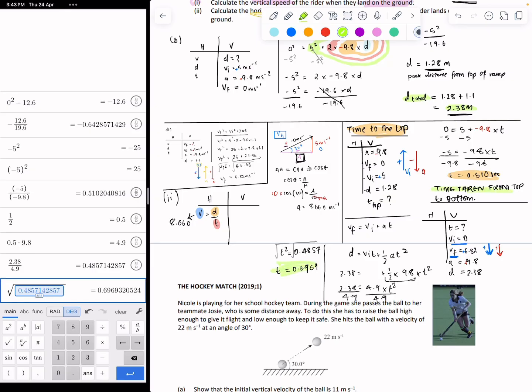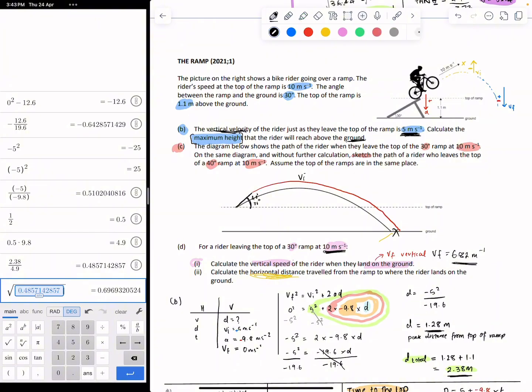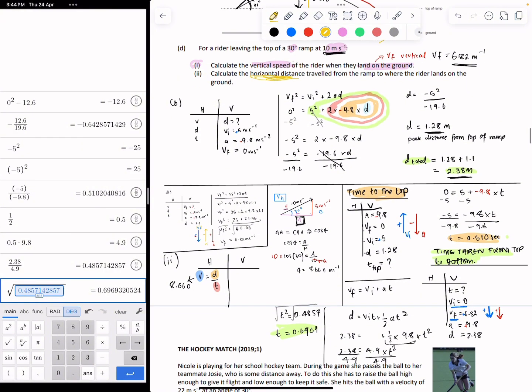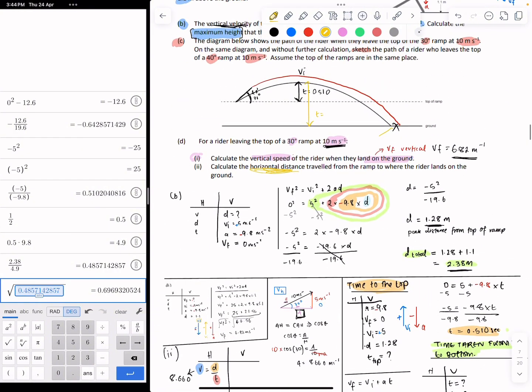So I've worked out the time taken to get from the top of the ramp to this point here is 0.510. The time taken for the rider to go from the top to the bottom, we've worked out to be 0.6969.